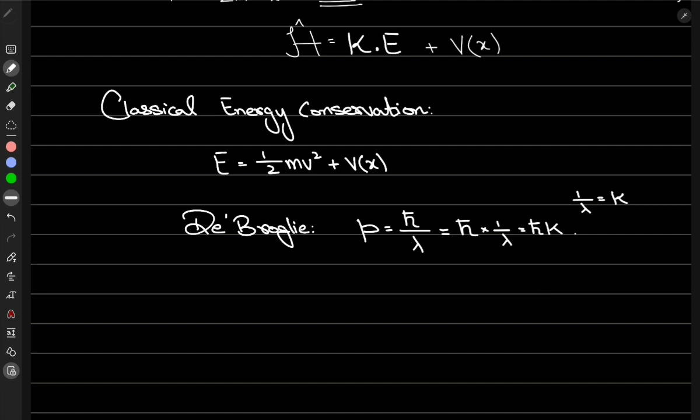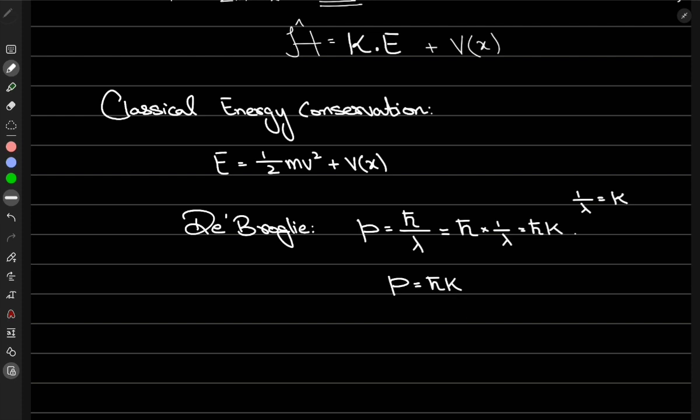So therefore, the momentum is given by h bar k. This thing is the de Broglie relation. Again, p is the momentum of the particle, and lambda is the wavelength of its associated wave, and k is the wave vector, right?